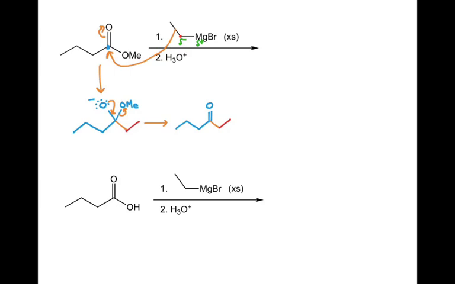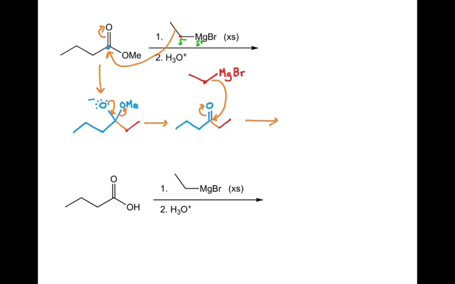our Grignard reagent will actually now react with this ketone. So I'm going to redraw a second equivalent, circle the nucleophilic position, and again we attack the carbon of the carbonyl.